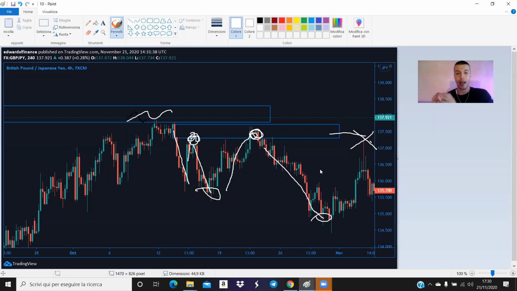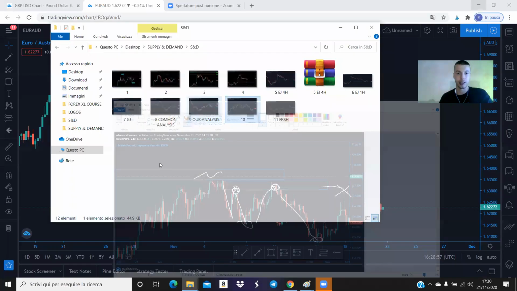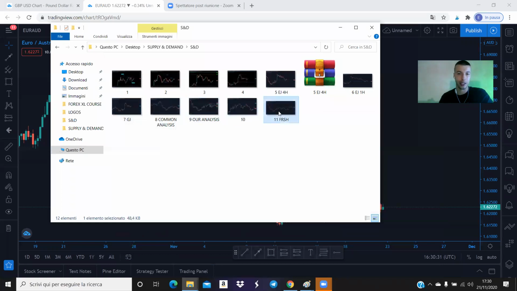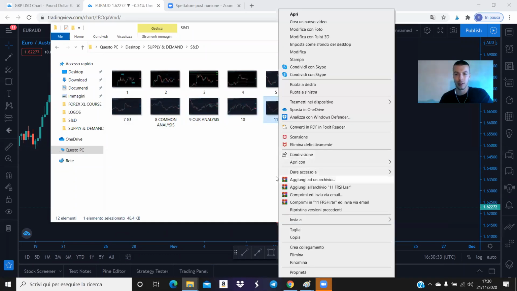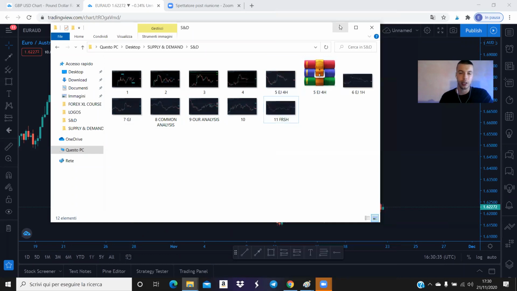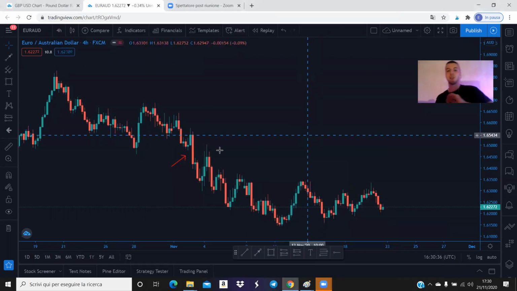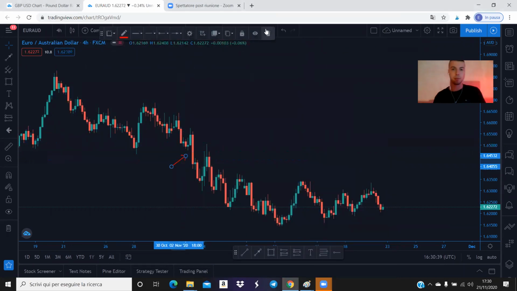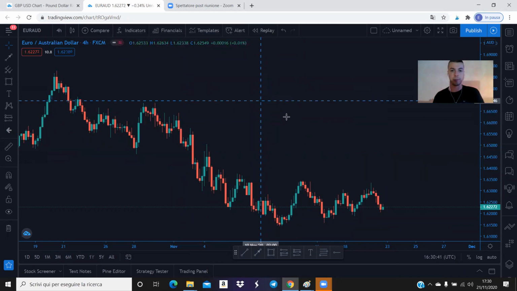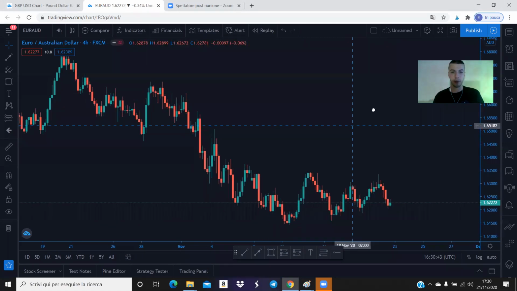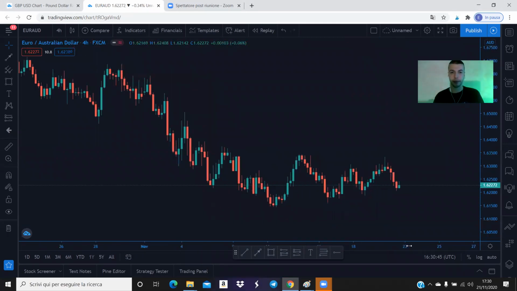But in a minute, I will show you how to draw the supply and demand areas after we are finishing with these pictures. I just have the last one. Well, the last one is for later. So let's move on to how to draw them, how to draw supply and demand areas.